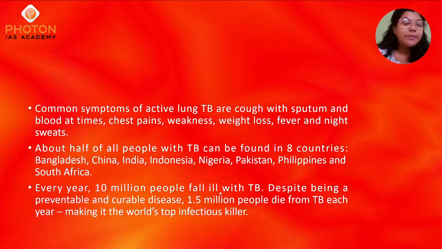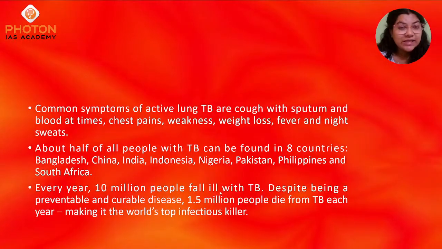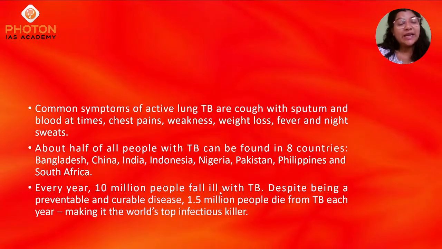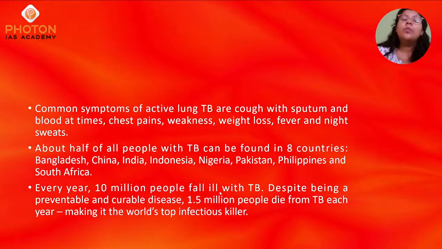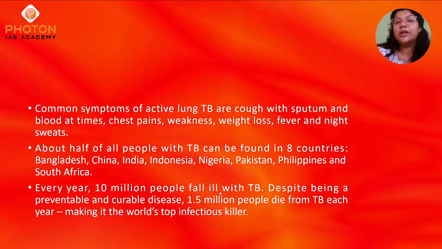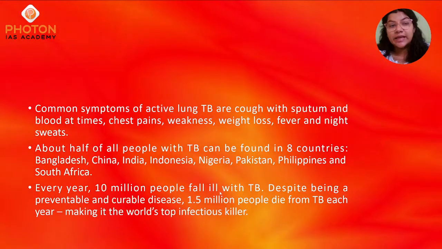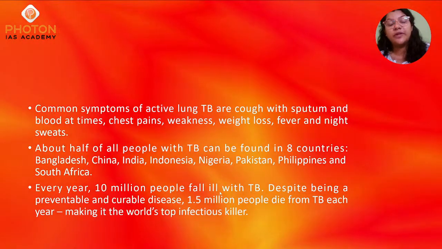Despite being a preventable and curable disease, it goes undetected most of the time, and that's why more than 1.5 million people die from tuberculosis each year, making it the world's top infectious killer. Why is it the world's top infectious killer?